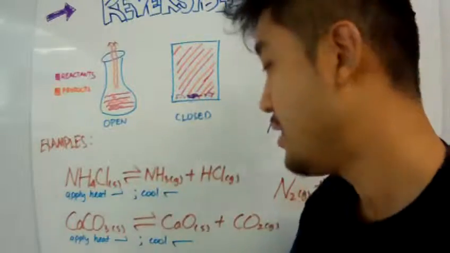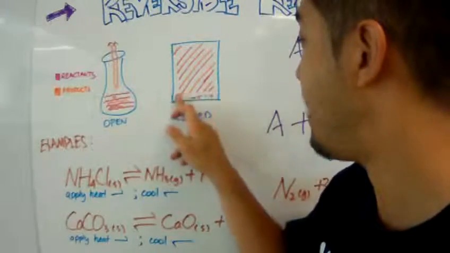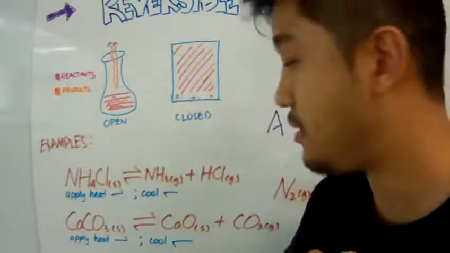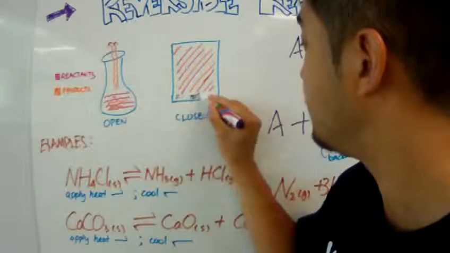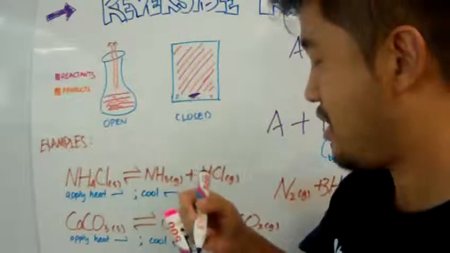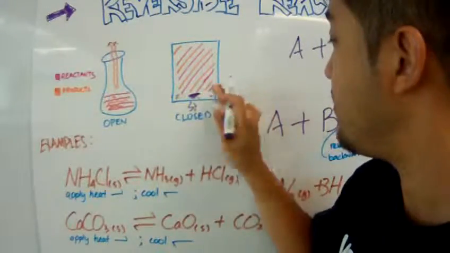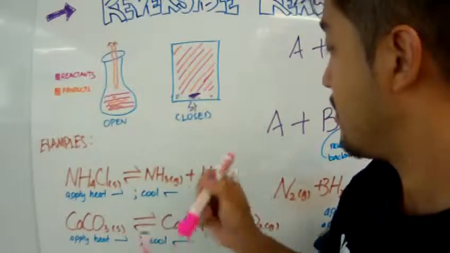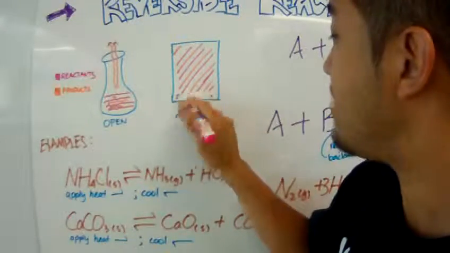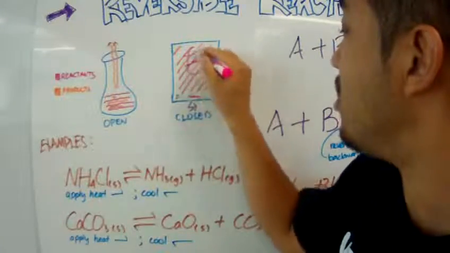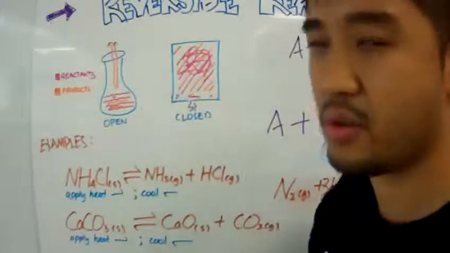That's one example. Another example is where you have calcium carbonate, right? It's solid. And when you heat it up, it's going to become calcium oxide, which is lime, and CO2, which is flying all over in the closed system.